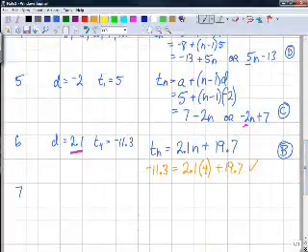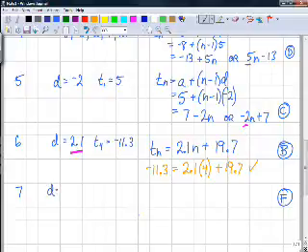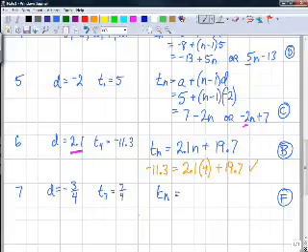Number 6. Ooh, it's a little different. D is 2.1, and they're telling us the fourth term. Well, looking at the possible answers on your sheet there, look at the previous two.